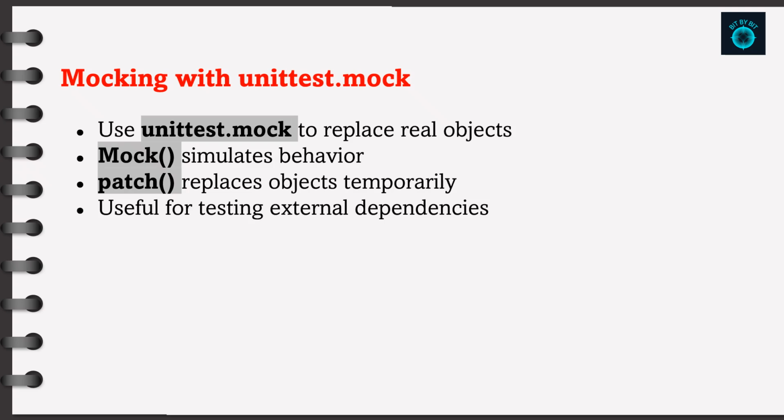The Mock class can simulate the behavior of objects, functions, or methods. The patch function temporarily replaces real objects during the test, useful when you don't want to actually call an API or open a file. Mocking helps you isolate the code you're testing and avoid slow, flaky, or risky dependencies.